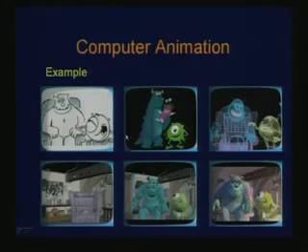So, here what you see is that this gives you various stages which may be required for animation. Here, for instance, the first thing which you need to have is a sketch, which could be drawn by the animator, and which is what gets used in the storyboard.